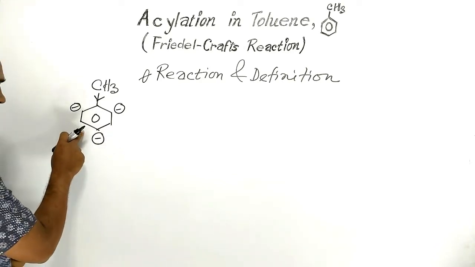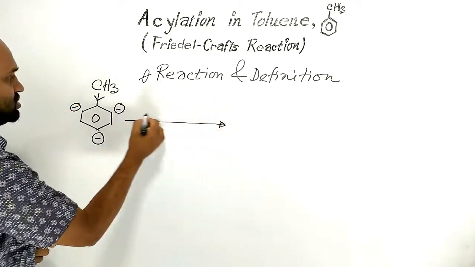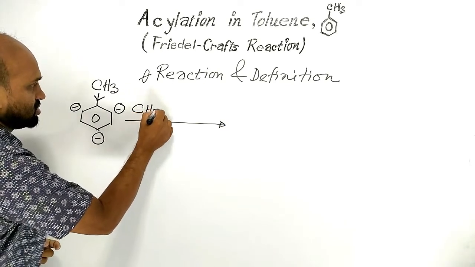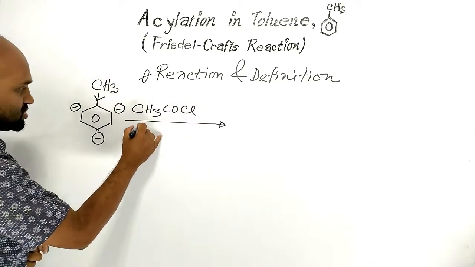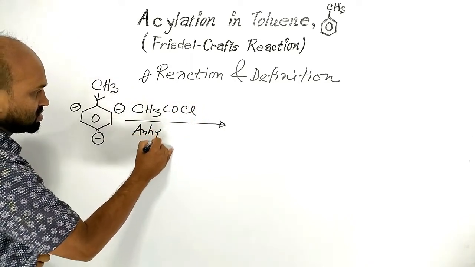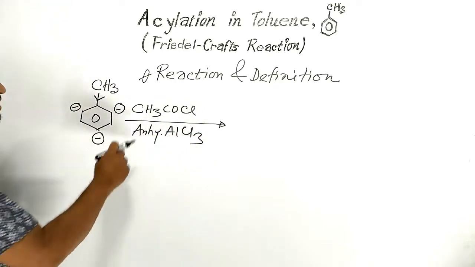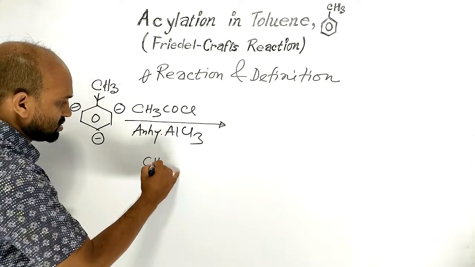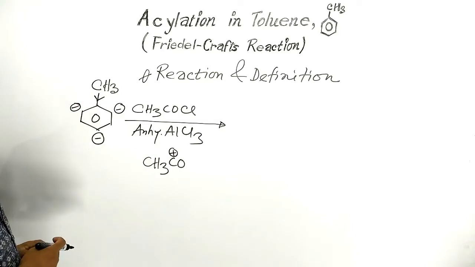When this toluene is treated with acyl chloride like ethanoyl chloride in presence of anhydrous aluminum chloride, this reagent produces ethanoyl cation.